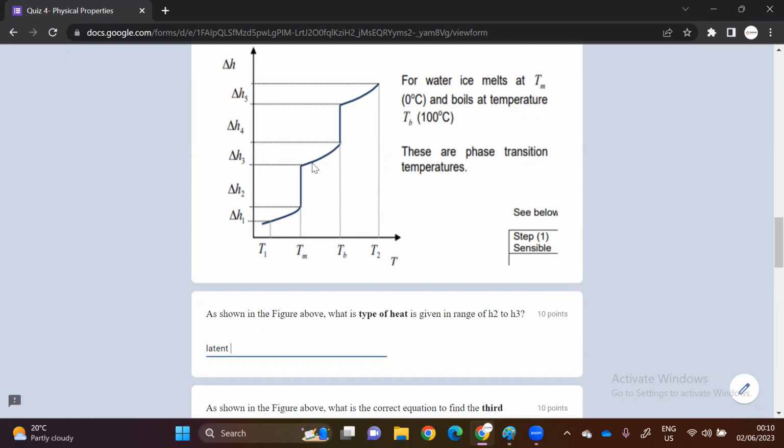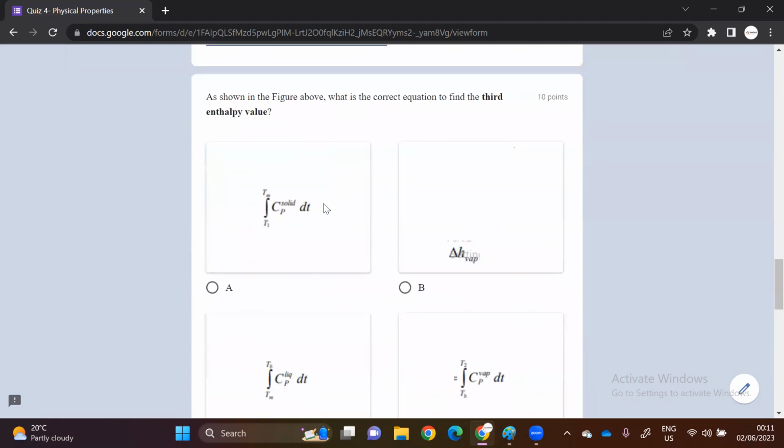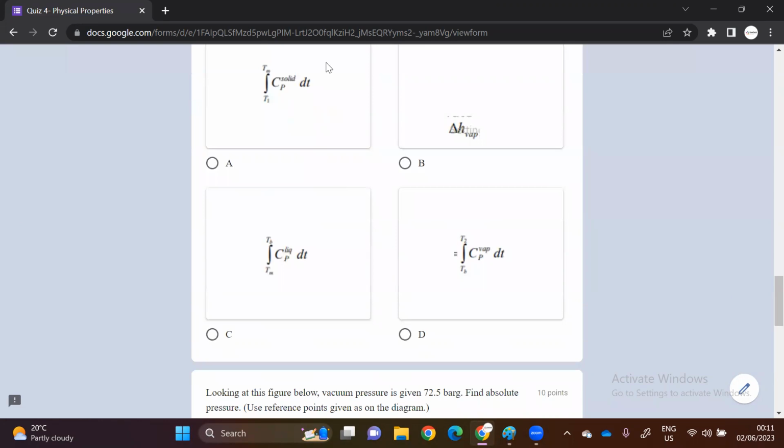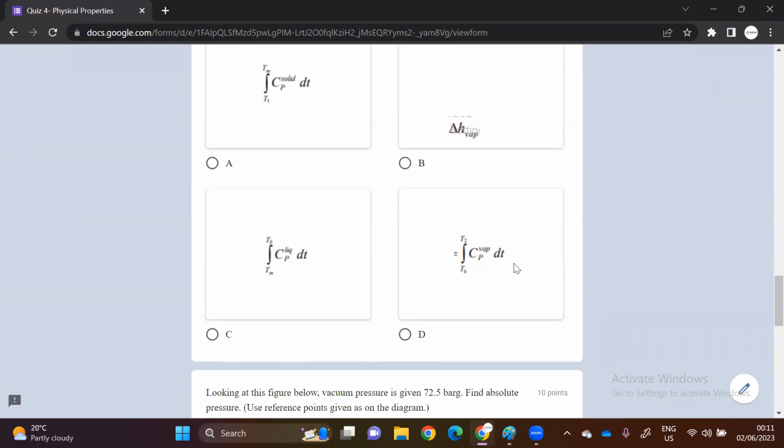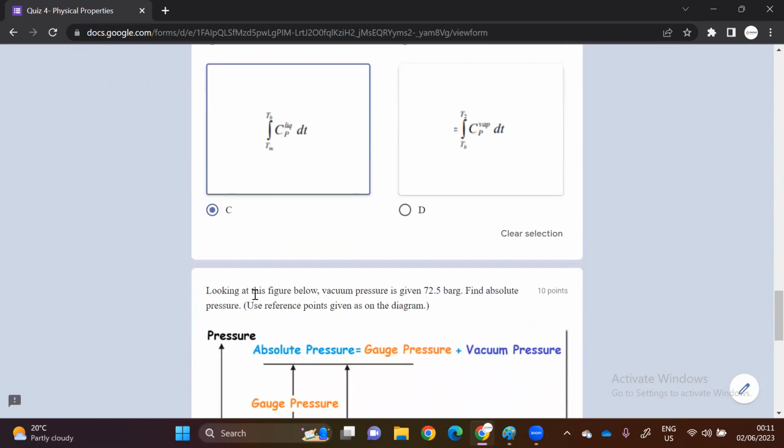We also need to consider the state of matter, the phase here. This is solid, this is already liquid, this is already gas. It means that we need Cp liquid from Tm to Tb in integral form. Not this one, this is the first, delta H1. Cp vapor, no. Yes, this one, Cp liquid from T melting to T boiling. C is the correct answer.